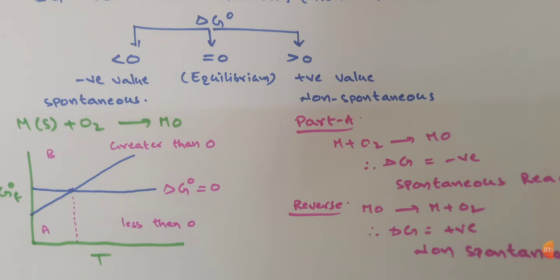So the value of A should be negative, and the value of B should be positive.